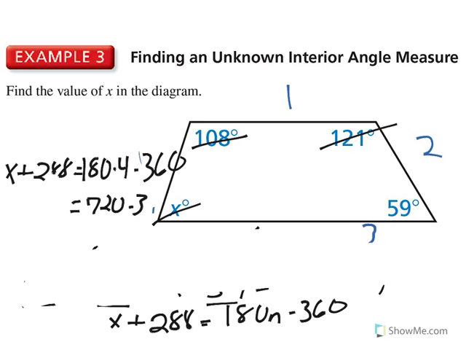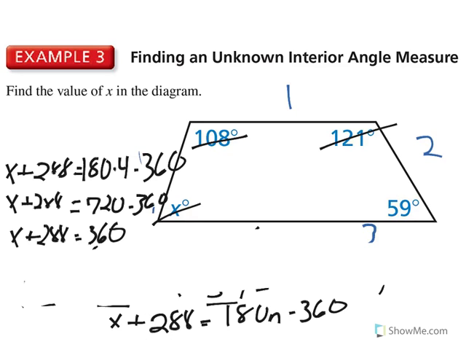So I have 720 minus 360 on the right. I still have x plus 288 on the left. I'm going to leave that as is while I do my 720 minus 360, which gives me 360.